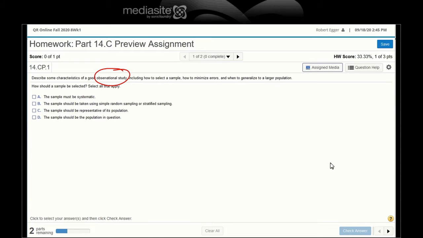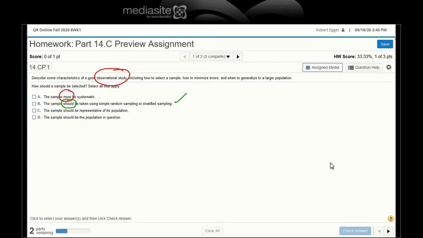Okay. The sample must be systematic. Can we have a systematic sample? Yeah, that's like doing every 20th. But the word must kind of turns me off, because it's saying that's the only way an observational study can be done. The sample should be taken using simple random sampling or stratified sampling. Should.